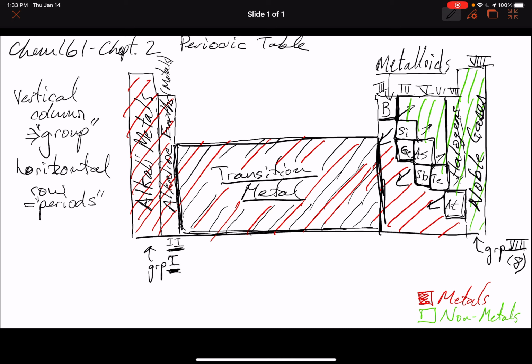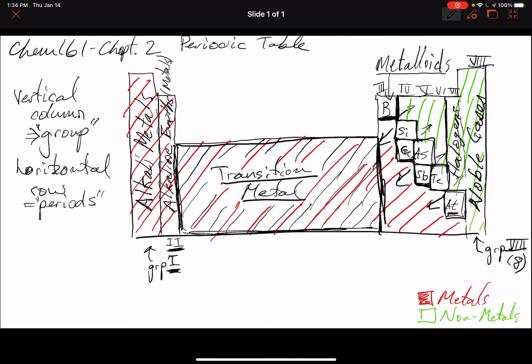So 2 additional elements there across that perfect staircase boundary starting at boron. Given a periodic table, start with boron and walk your way down to astatine, At, and don't forget to include germanium and antimony, Sb, and you will know your metalloids.